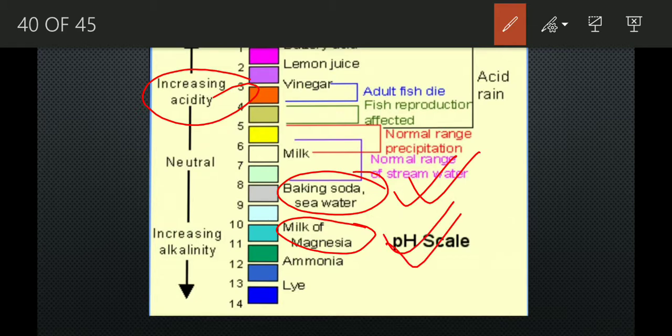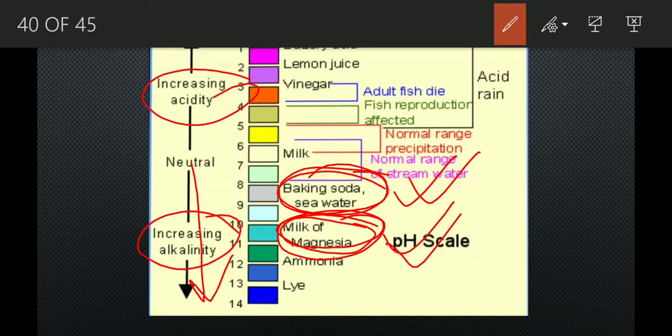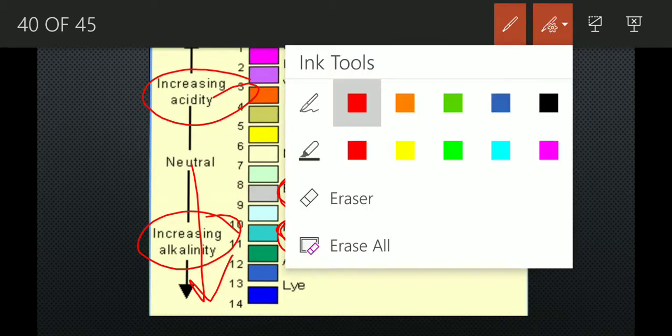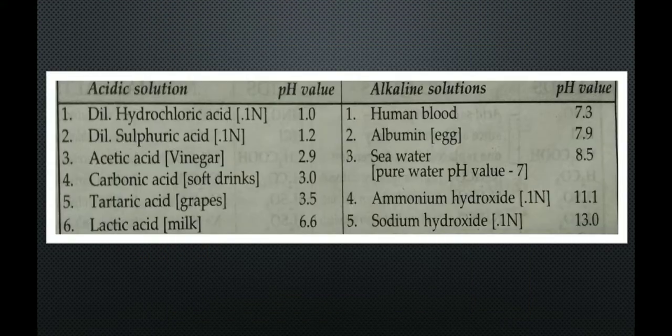That means the alkalinity or basicity of milk of magnesia is more. It is more basic than baking soda. Why? Because downwards the alkalinity increases. Here are some pH values of some common substances.